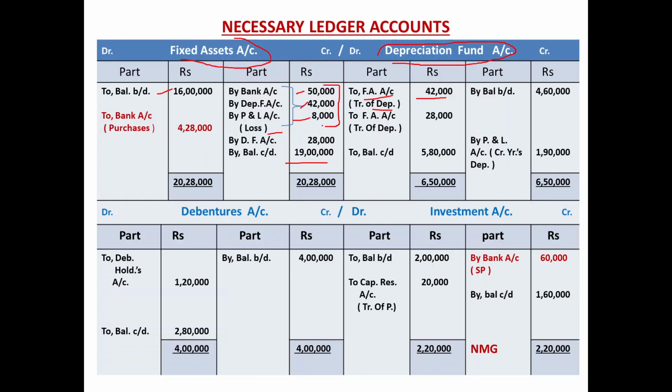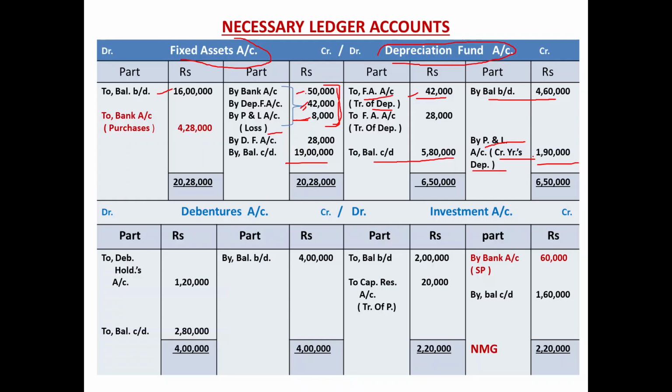Opposite narration, opposite amount. You know the rules of posting. So bank debit, depreciation fund debit, profit and loss account debit to fixed assets account credited 1 lakh. Second JE for the depreciation of the current year, profit and loss account debited to depreciation fund account credited 1,90,000. This is the opening balance of depreciation fund 4,60,000 and the closing balance 5,80,000.